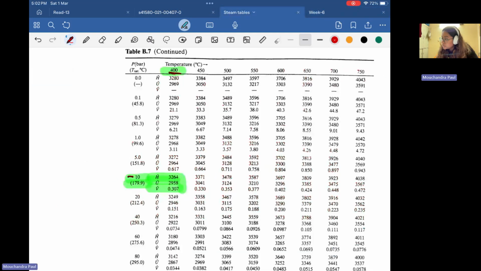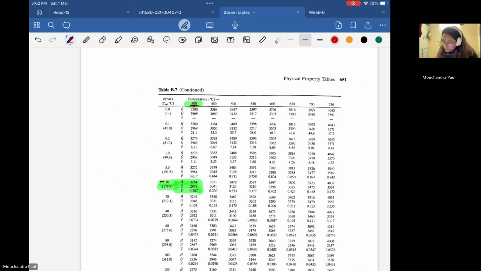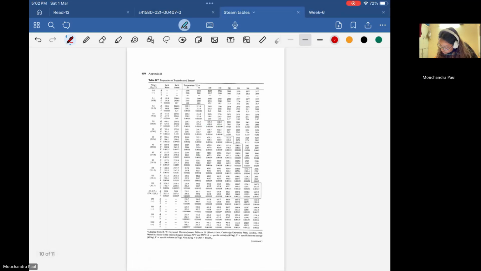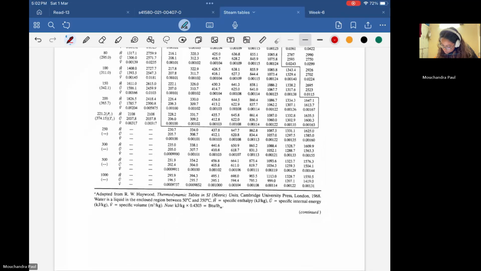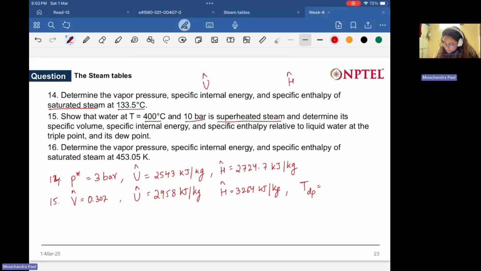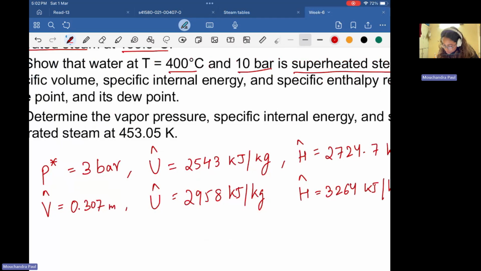Sorry, here you can see the units. Specific enthalpy is mentioned in kilojoule per kg. Specific internal energy is mentioned in kilojoule per kg, whereas specific volume is mentioned in meter cube per kg. Okay. So we have to write specific volume as meter cube per kg.